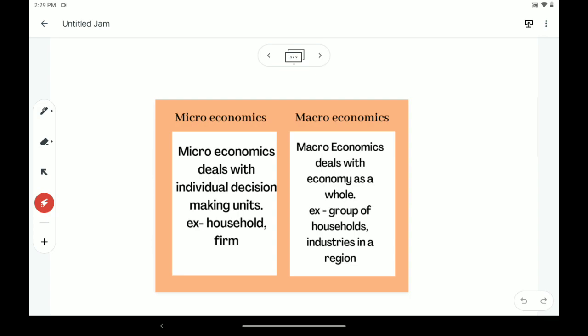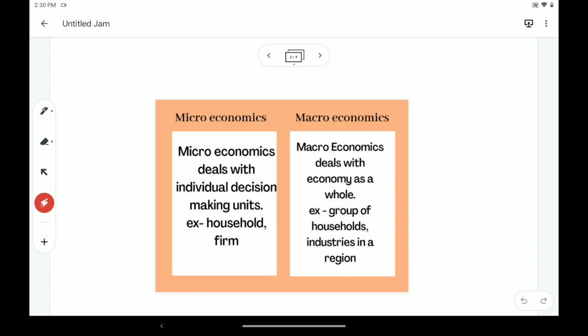The next difference is that microeconomics deals with individual decision making units, whereas macroeconomics deals with the economy as a whole. Here, individual decision making units means the unit takes its own decision without anyone's influence or any external influence. For example, a firm itself decides which product to produce and at what price it should sell in the market.